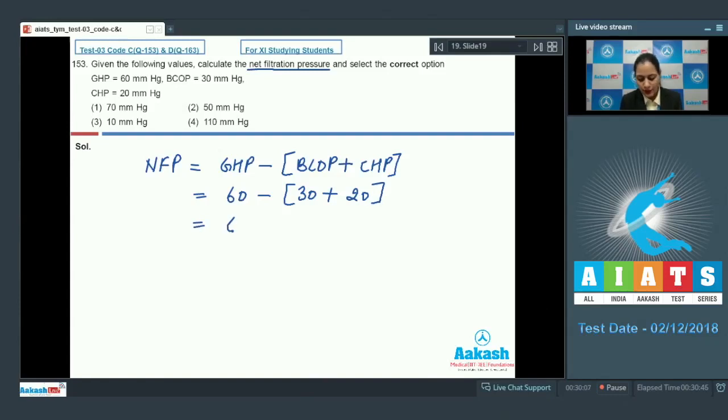And this would be equal to 60 minus 50, equals 10 mmHg. So the correct answer for this question is option number 3, that is 10 mmHg of net filtration pressure. Let's discuss our next question.